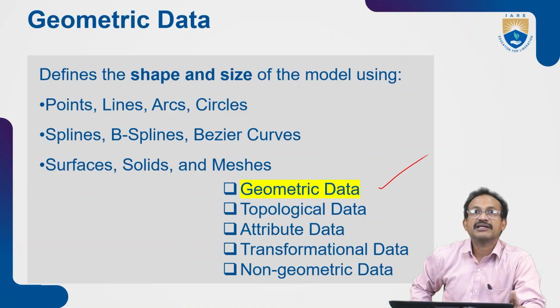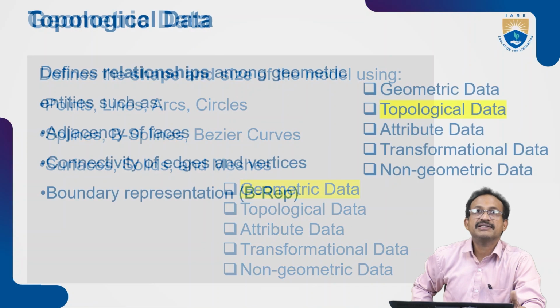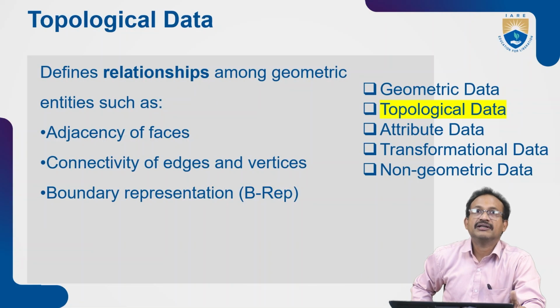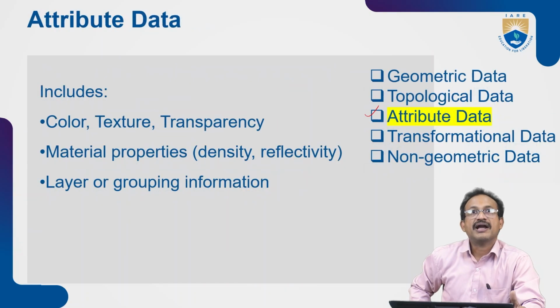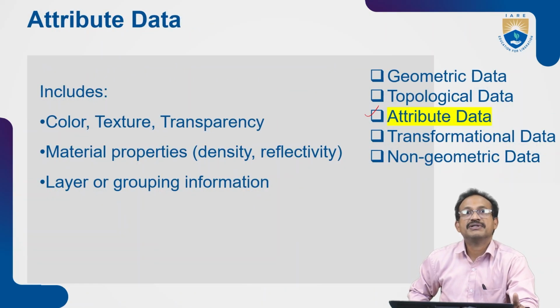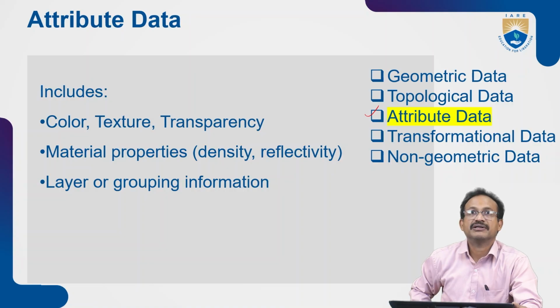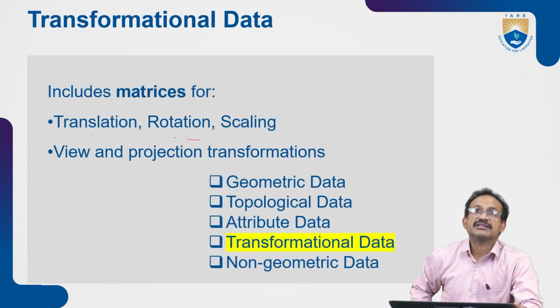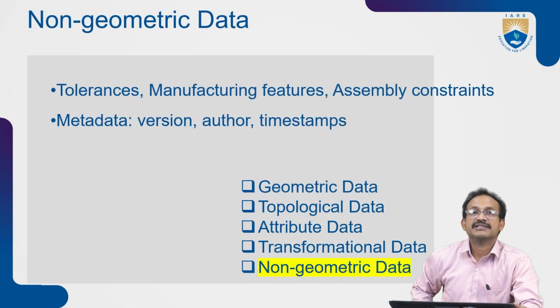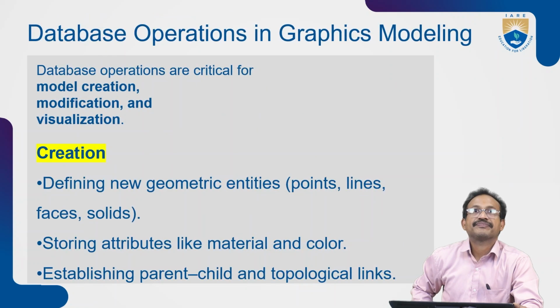Geometric data defines shape and size. Topological data defines relationships, and attribute data includes attributes like color, texture, transparency. Next, transformational data includes matrices, that is transformations, etc. And non-geometric data: tolerances, manufacturing features, and assembly constraints.